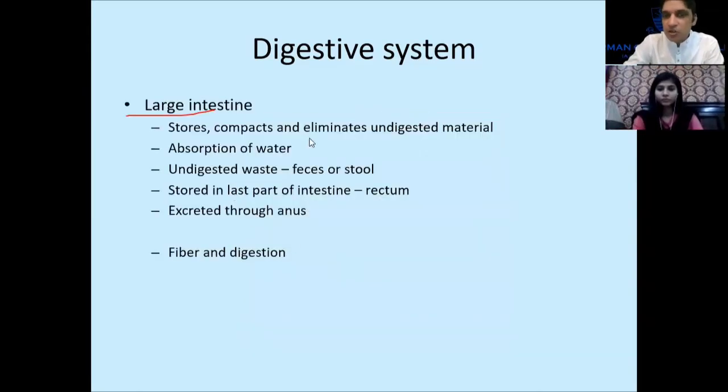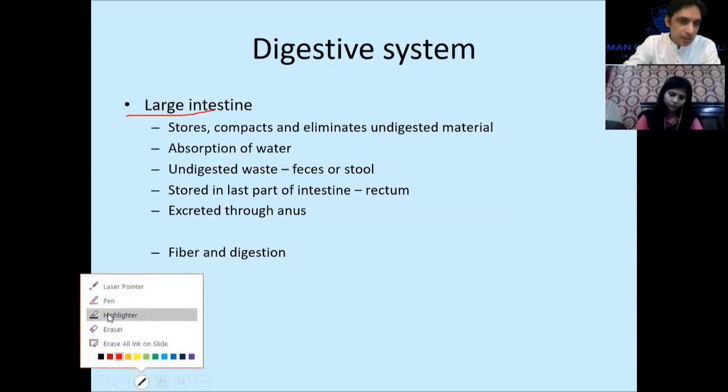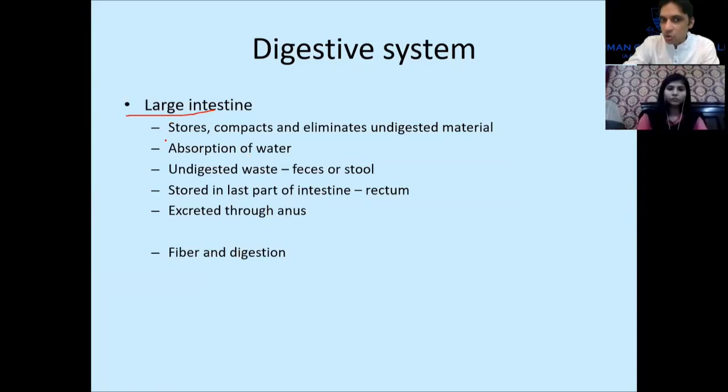The large intestine is doing a lot of jobs as well. It stores the food for a certain period of time until it is expelled from the body. It can store the food, and it can absorb water out of the food. How much water the large intestine absorbs defines the overall health of the digestive system and the availability of water in the food and in the body.